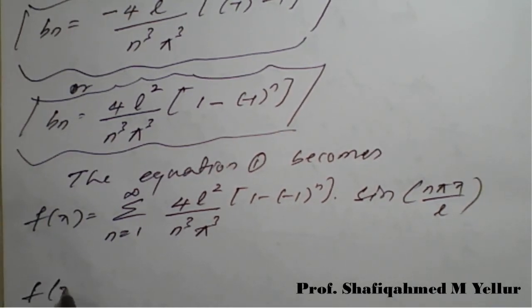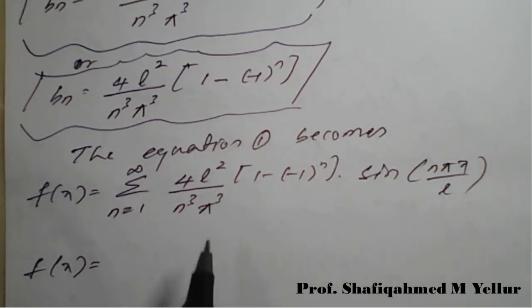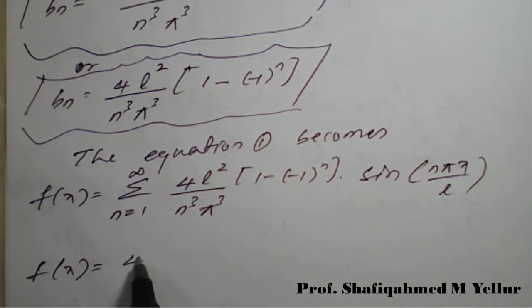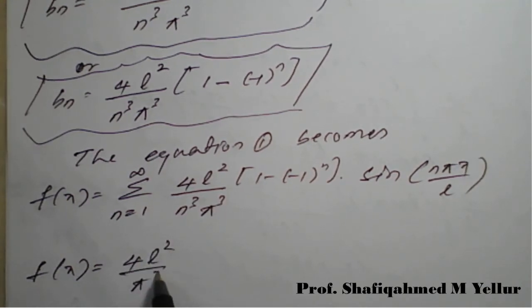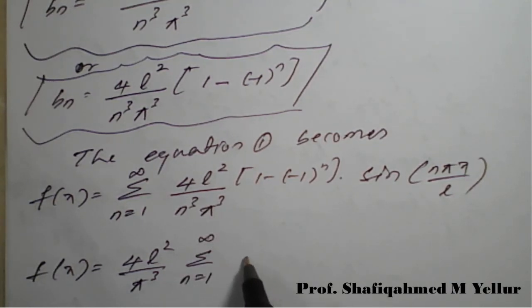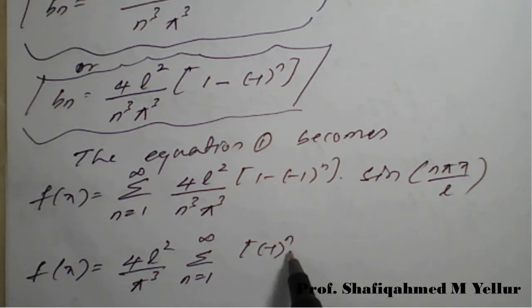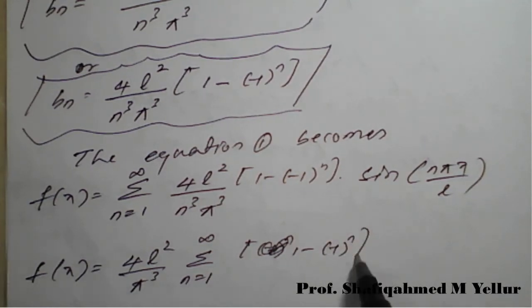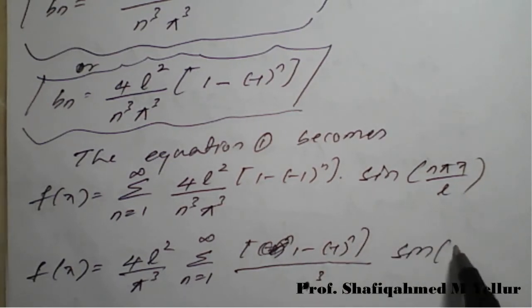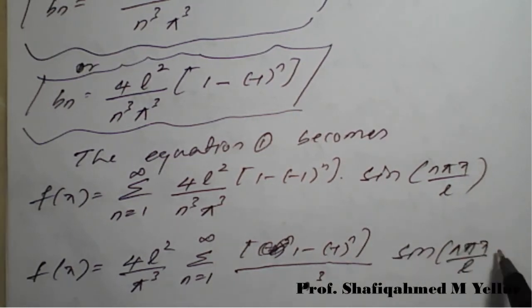So therefore f of x is equal to, so among these constant terms, 4L square I can take and pi cube. So 4L square upon pi cube is a constant. So summation n from 1 to infinity. So what is left inside this bracket, that is 1 minus minus 1 raised to n divided by n cube is left inside into sine of n pi x upon L.